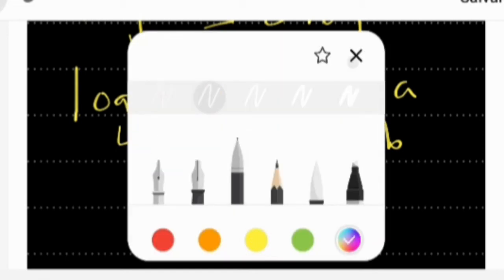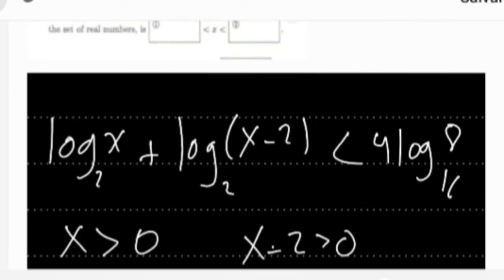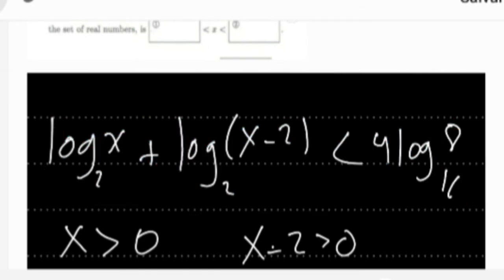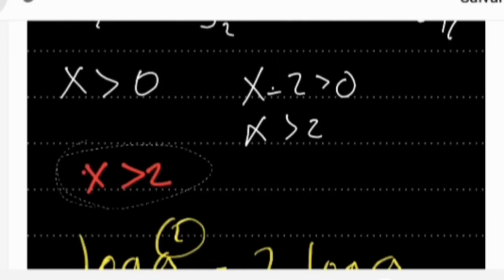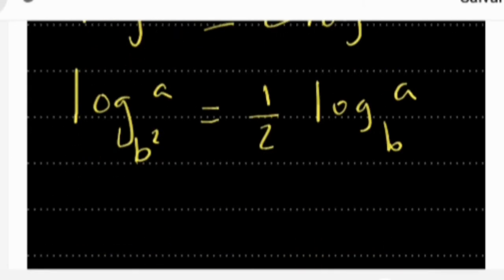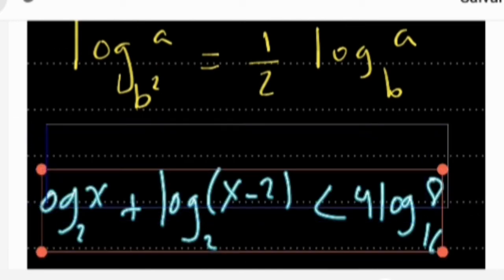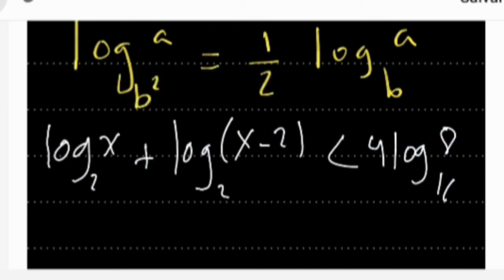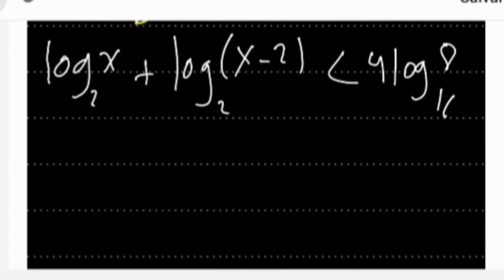Now let's solve our question. And don't forget that we have this condition over here that we need to satisfy. We can't just choose anything. We have a condition for the log to exist. So let's start solving it.